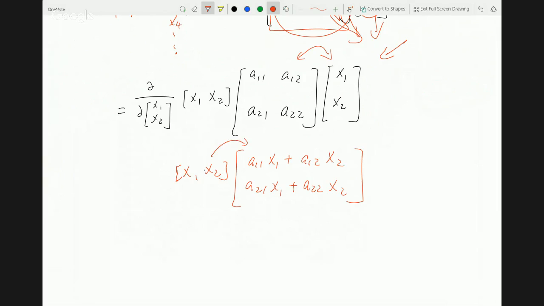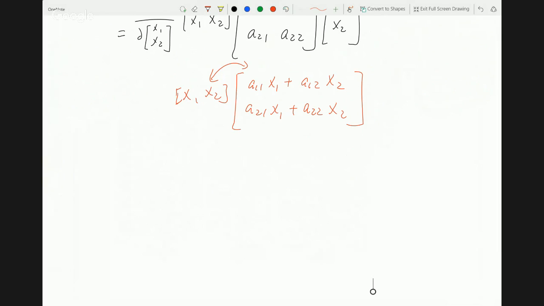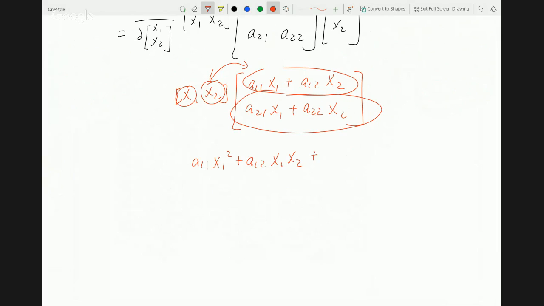Okay, now let's multiply these two together. So this one multiplies this: a11 x1 squared plus a12 x1 x2, and then this one multiplies this, plus a21 x1 x2 plus a22 x2 squared.